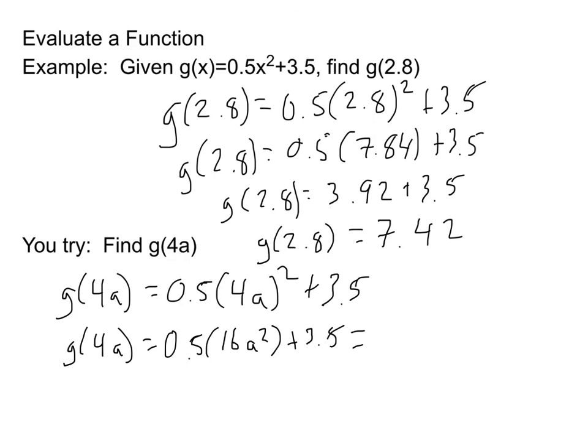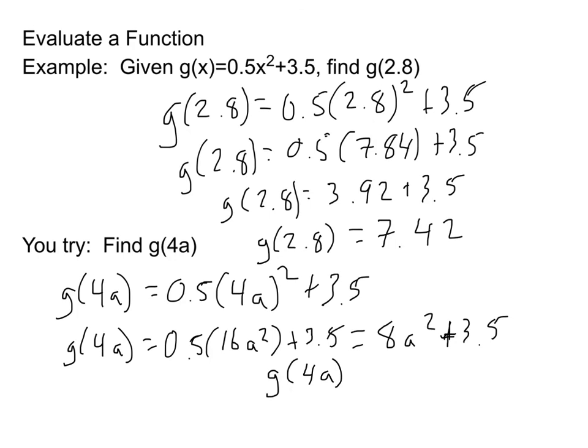Well, if we have 16a squared values, then half of that would be 8a squared values. 8a squared plus 3.5. And then 3.5 does not have an a squared with it, so we can't combine those two because they're not like terms. So keep them separate. That really is our final answer, so we should rewrite it as g of 4a.